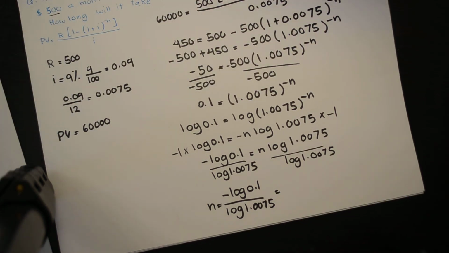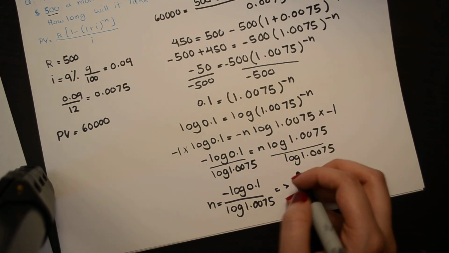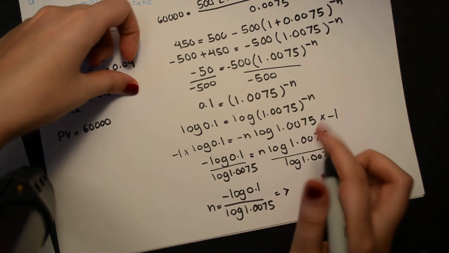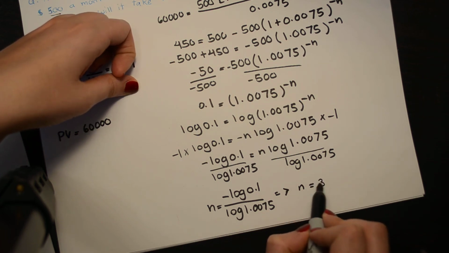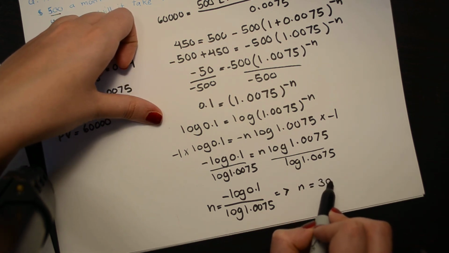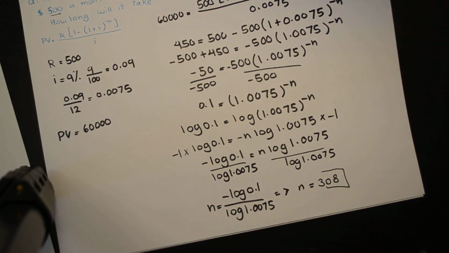We need to put this in a calculator, and if you put it in a calculator, it will give us n equal to 308. And this is the final answer to this question.